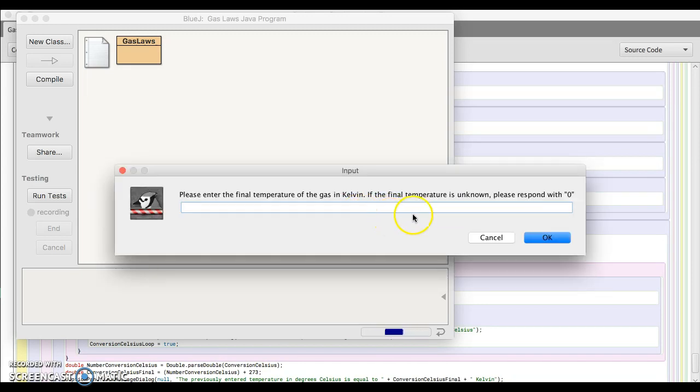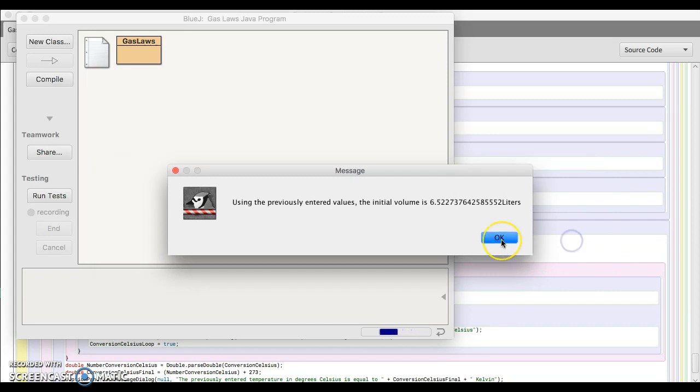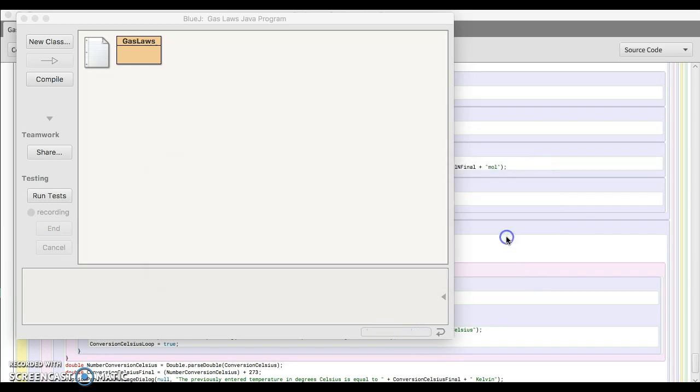And for the final temperature of the gas in Kelvin, let's just say the user put 789. These are very random numbers, so it's going to give you in turn a random number, which would be 6.5 approximately. And as you can see, using doubles and being able to use the parsing, it is able to use decimals instead of integers, which would only be integers.